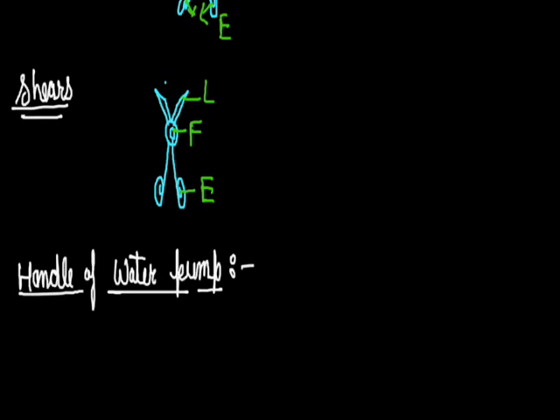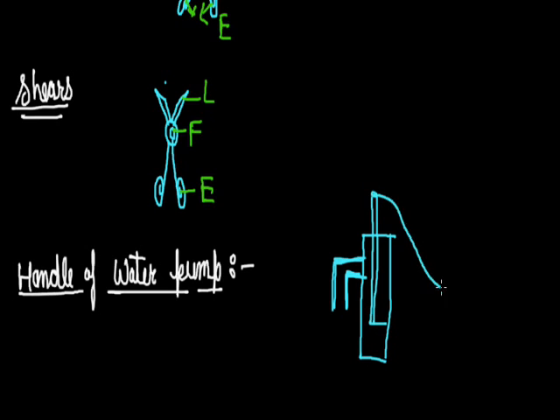We can draw it also. Suppose this is a water pump. In this condition, since we applied effort on the handle, effort will be in this position, and the fulcrum will be here, where the handle of the hand pump rests on a point.